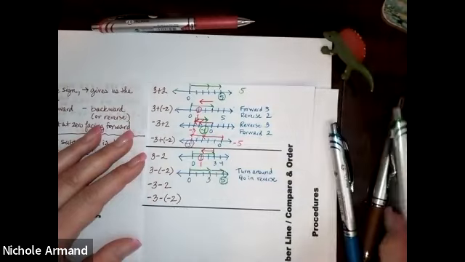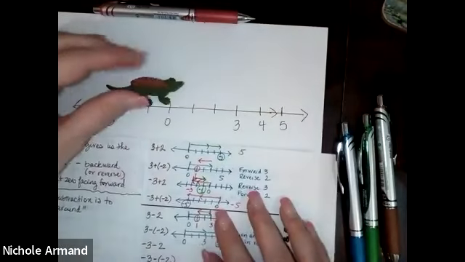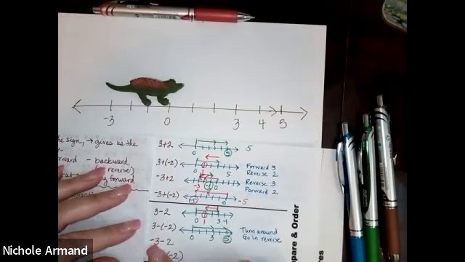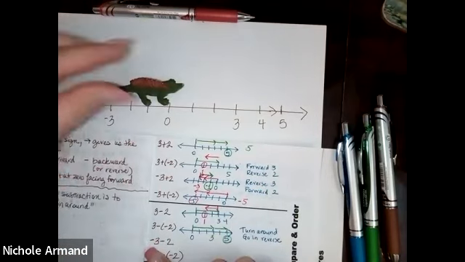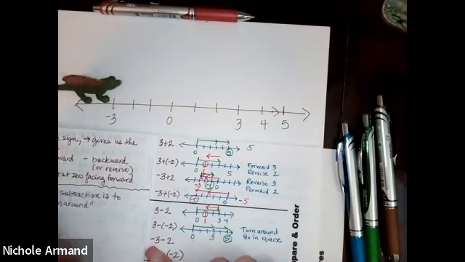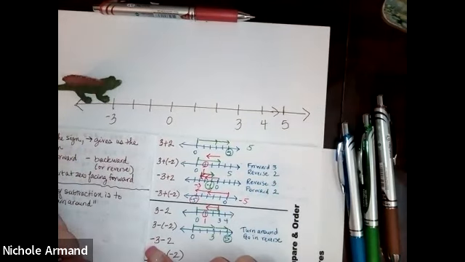Okay, let's see how we would model negative 3 minus 2. So here's our dinosaur. He's facing forward at 0, and he is going to go negative 3. So that's the backward direction, 1, 2, 3. And then subtraction means for him to turn around.